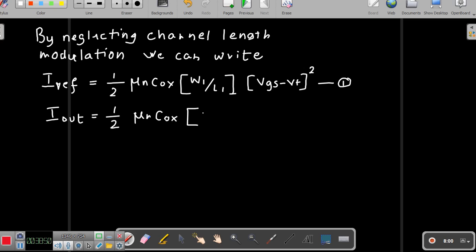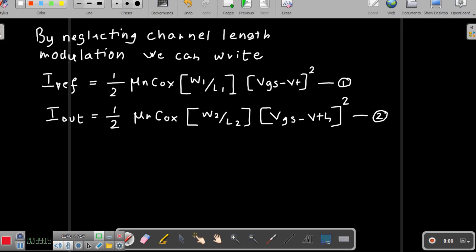So this will be W2 divided by L2 into VGS. We have assumed the same value of VTH. Of course, VGS will remain the same, by looking at the circuit, for both the transistors M1 and M2. So this is my equation number 2, where I have the expression for I2, right?